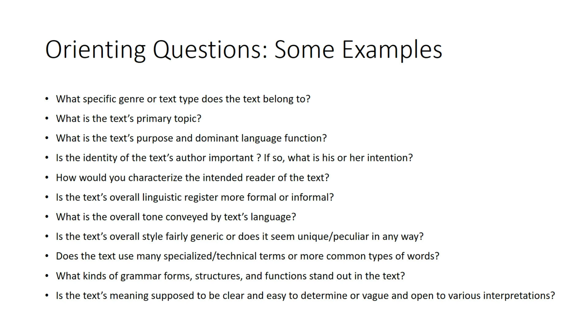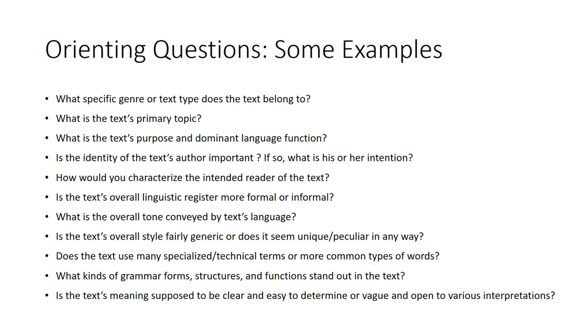Is the text's overall style fairly generic, or does it seem unique or peculiar, particular in some way? Does it use a lot of technical terminology, or is its vocabulary just more common types of words? What kinds of grammar forms, structures, and functions stand out in the text? Does it use a lot of passive voice, a lot of past tense, or is it all present tense, for example?